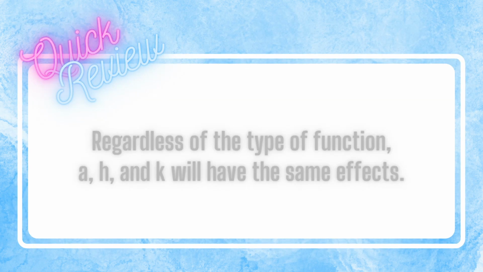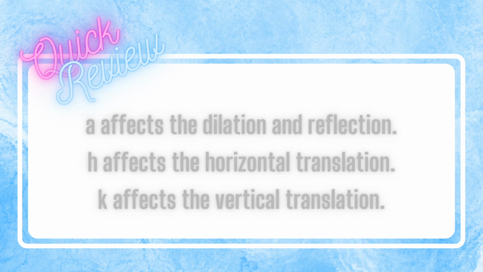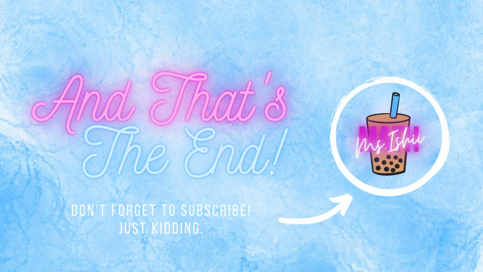So regardless of the type of function, a, h, and k will have the same effects. A affects the dilation and reflection. The parameter h affects the horizontal translation, and k affects the vertical translation. Great job today, and please make sure to submit your notes on Canvas.